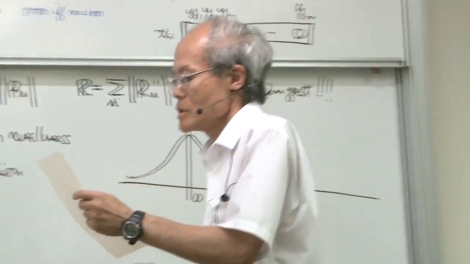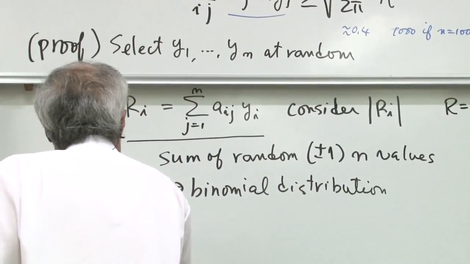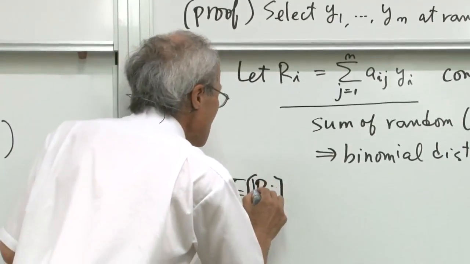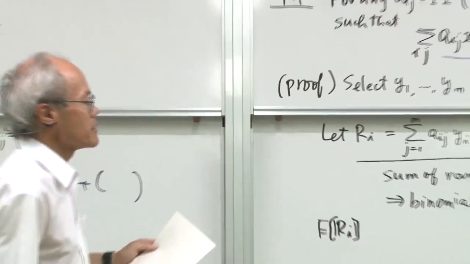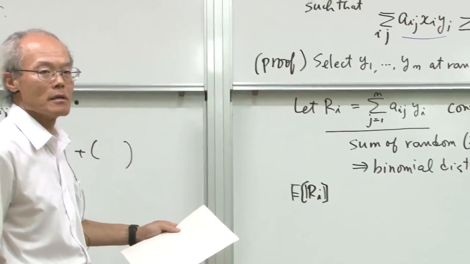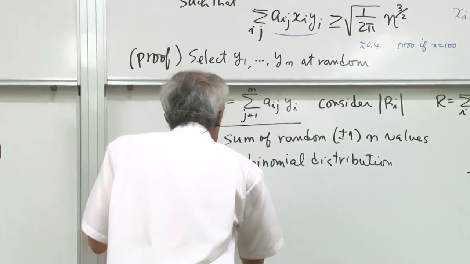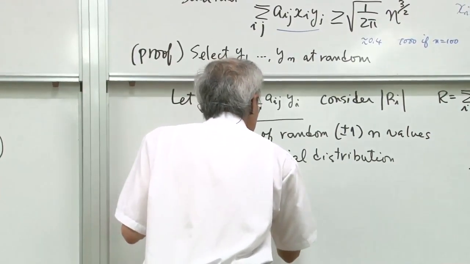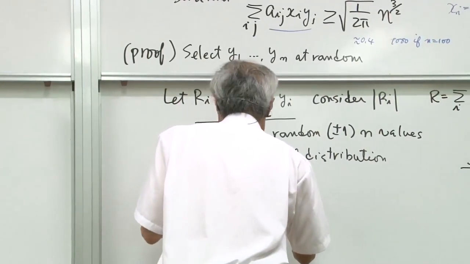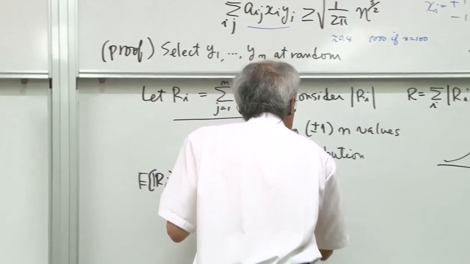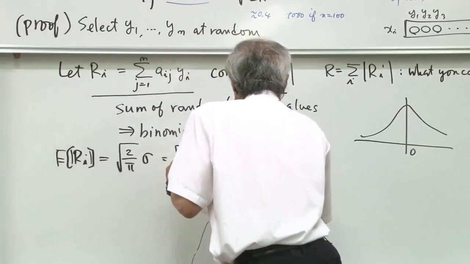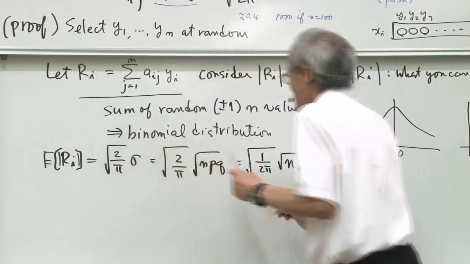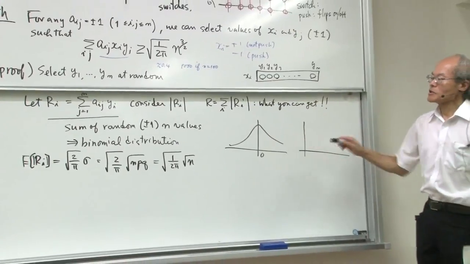Now, we see the expected value of the absolute value of Ri.